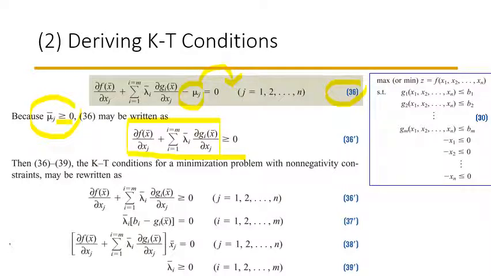So to solve model number 30, we need to find a solution that satisfies all the constraints in the original problem, and also find all the multipliers that satisfy these K-T conditions.